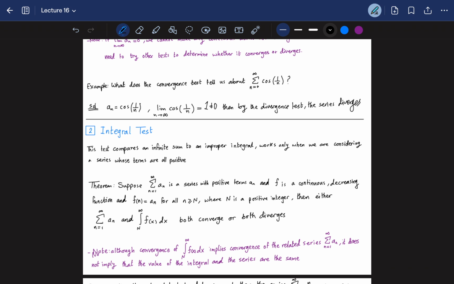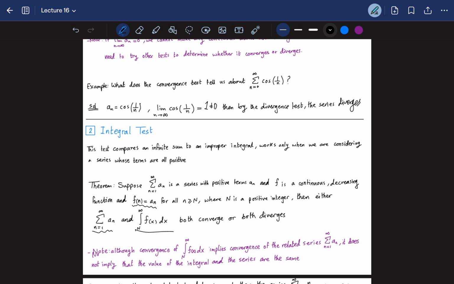So if this series has positive terms and there's a continuous, decreasing function where f of n is equal to a_n, for any n bigger than a certain value N, then this means I can compare my infinite series to this improper integral. We know how to evaluate an improper integral. You evaluate the improper integral. If it converges, then the infinite series converges. If it diverges, then the infinite series diverges.